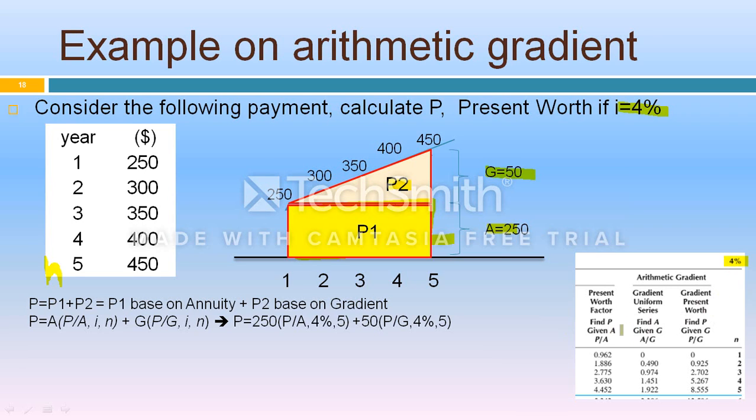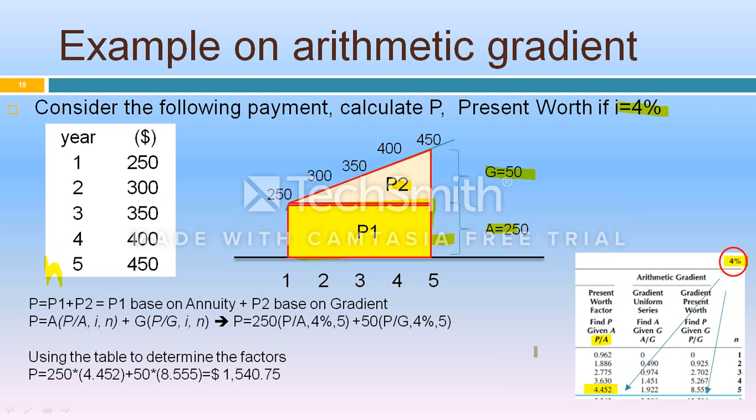We're trying to find P over A with N equal 5. So where is N equal 5? This is N equal 5, right? And same way, 50 is the gradient because the increment is 50. P over G, 4%, and N equal 5.